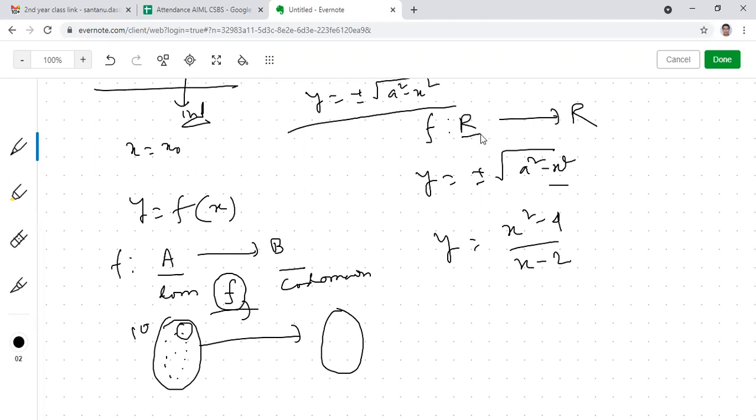Since the domain is the set of real numbers, the function must provide the value corresponding to each and every real x. Here this is not a problem, but here there lies a problem, because 2 is a real number, and if I put x equals 2 here, we will not get any value of y. It will be 0 by 0.